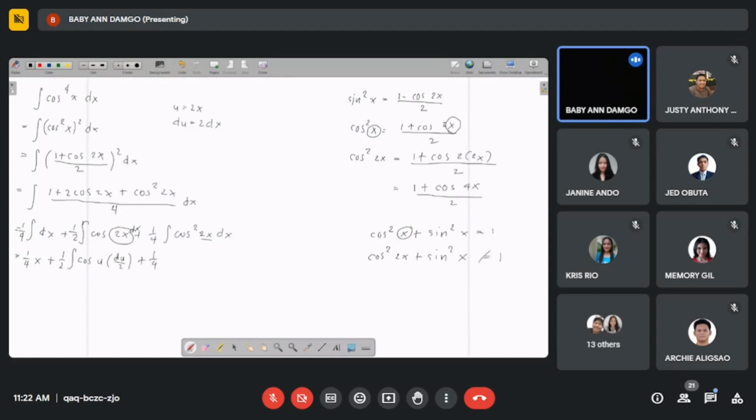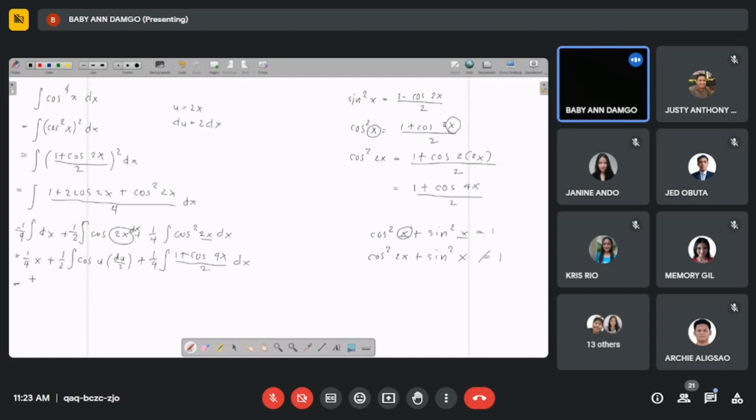So dapat the same ni siya ang angle sa cosine o sine para mo-equal siya og 1. The same for this. So cosine squared 2x, ato rin ang i-substitute ang x of 2x. So we have 1 plus cosine 4x over 2. So this is the integration of 1 plus cosine 4x over 2 dx.